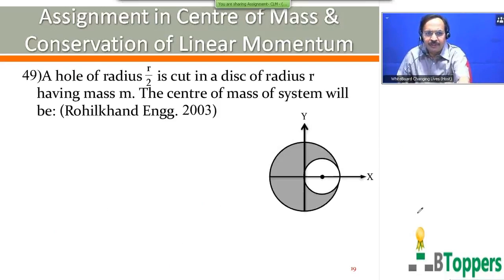Next, look at question number 49. A hole of radius small r by 2 is cut in a disk of radius small r having mass m. The center of mass of the system will be.